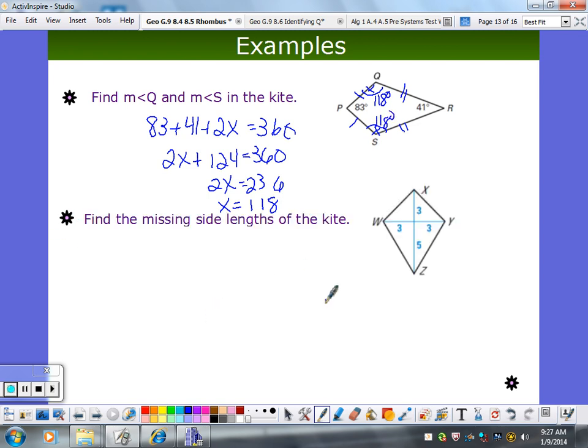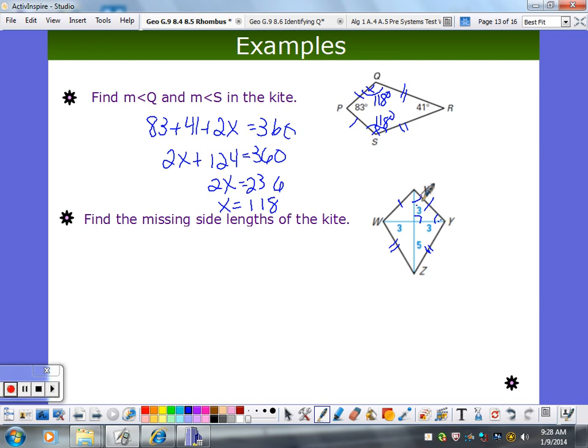What else can we do? Find the missing lengths of the kite. Now I know this is congruent to that, and this is congruent to that. What do I know about the angle here? The right angle. So just looking at this triangle to find XY, say. So 3 and 3, what is the measure of these two?